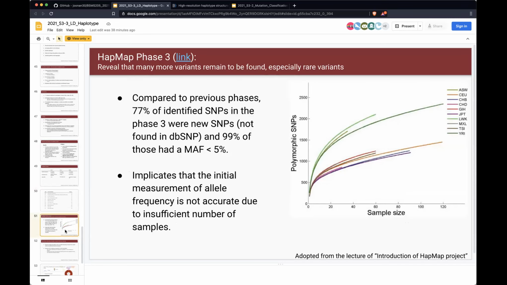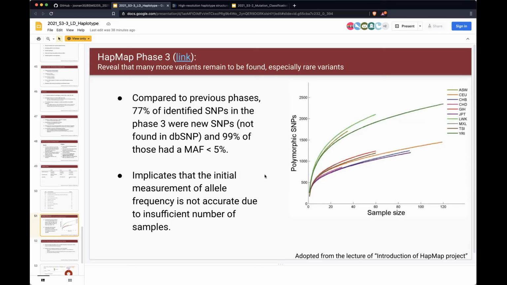And every time they did a better design and also had a bigger data set, they have a better idea of how LD is forming in the population. So they have much deeper information on the allele frequency, because they enlarged the population size, so they see the deeper allele frequency spectrum, right?